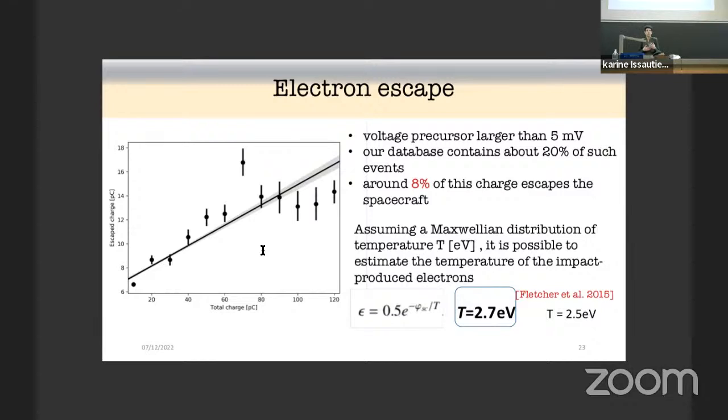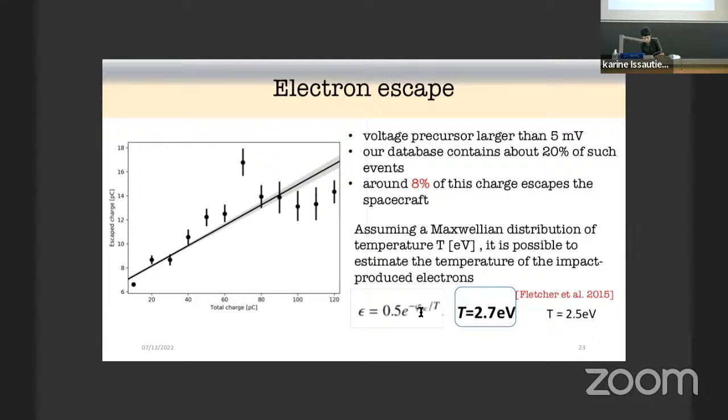Looking at just those events, we realized that actually around 8% of the charge managed to escape the spacecraft. Knowing this and assuming a Maxwellian distribution, it is possible to estimate the temperature of the impact-produced electrons. So we can use this value, epsilon, which is 0.08.